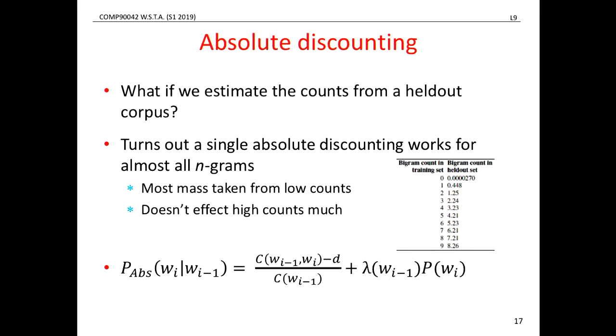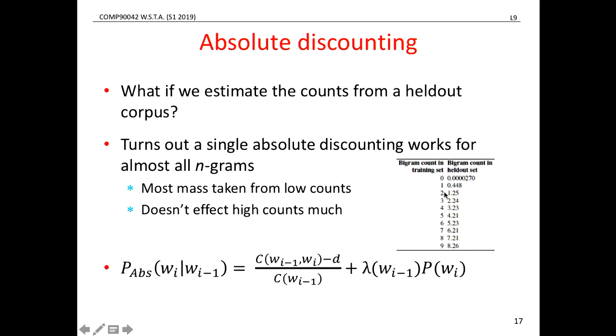Okay. And sorry, I won't go through that, but this is just showing the kind of observations you would see in practice between the different counts that you see in the training set and the different counts that you expect to see on a held-out set. I don't know if you can read that well, but for high values, we go from 9 to 8.2. For low values, we go from 1 to 0.4.